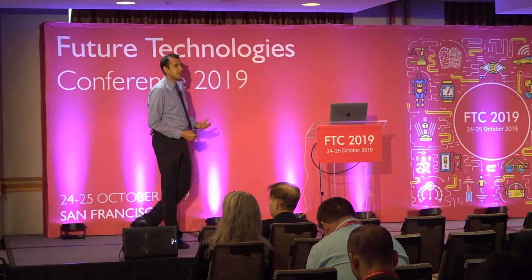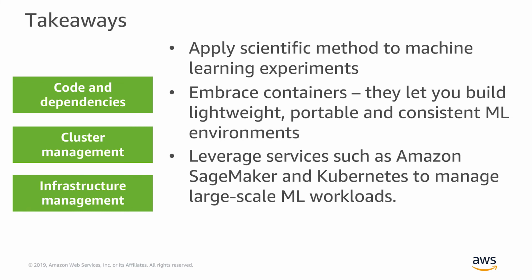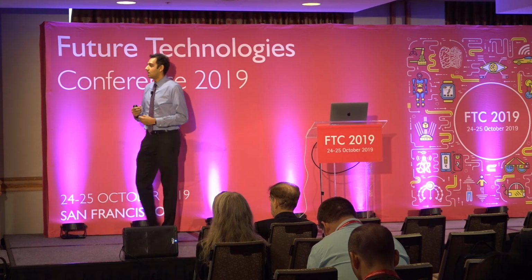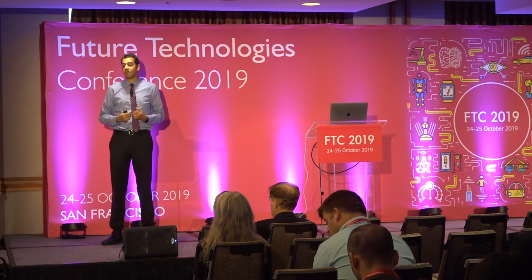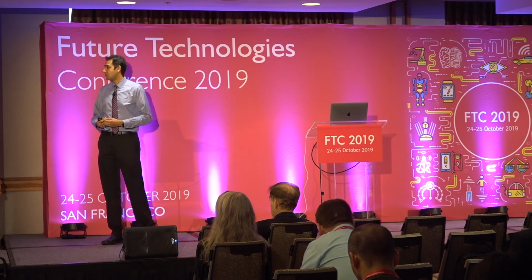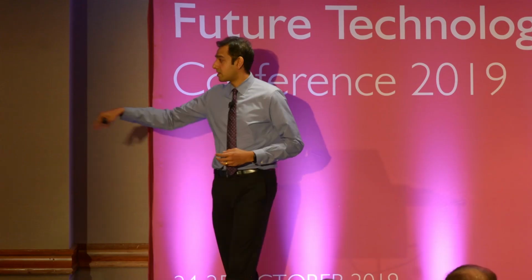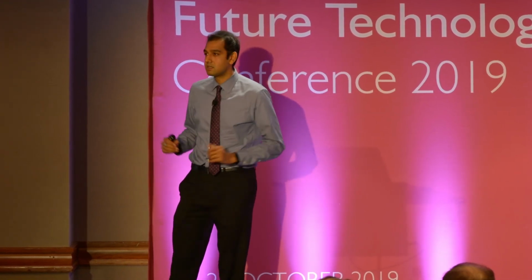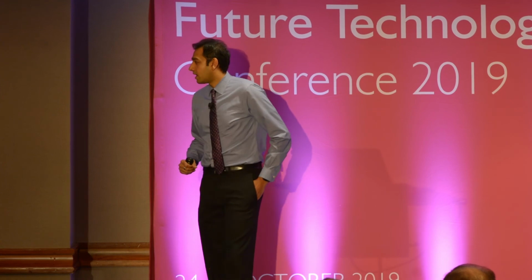as you scale. It's easy to do things on a single instance, which is called scaling up. You just add more compute to the same instance. But at some point, you want to be able to scale out. And although many services make your life easy, you still want to embrace some technologies like containers and leverage services like SageMaker and Kubernetes that let you manage the experiments on a cluster.